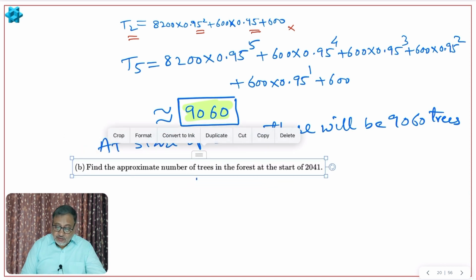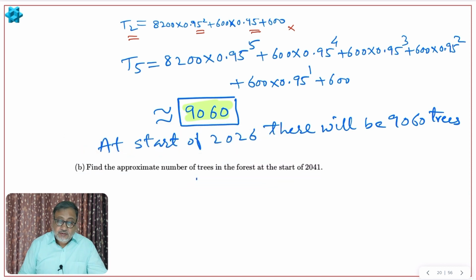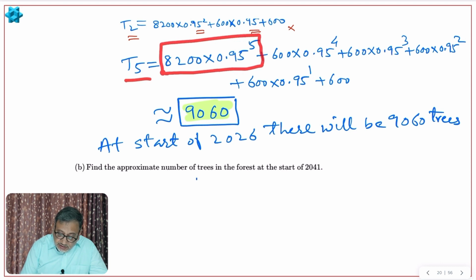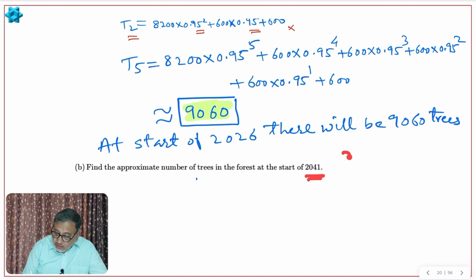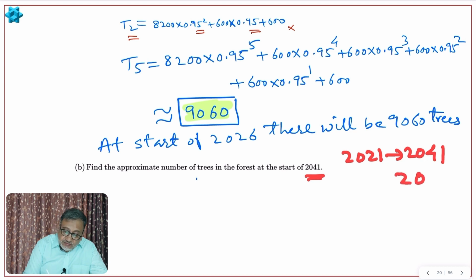Now 2041, right? So look here. If you look at this sequence, this first term will be there, whatever the year is. All other terms will be 600 into powers of 0.95, right? Now from 2021 to 2041, how many years will be there? 20 years, so T20 we have to find.